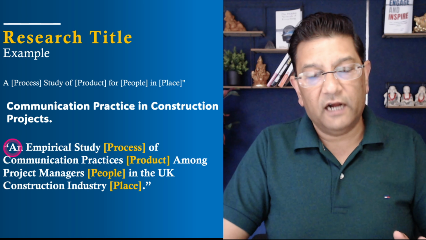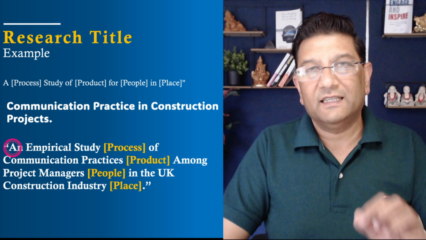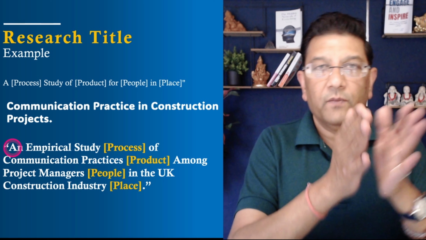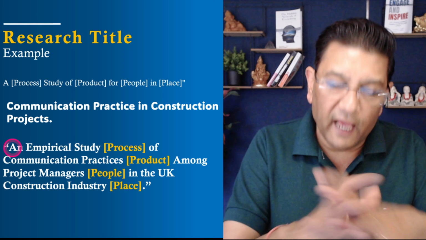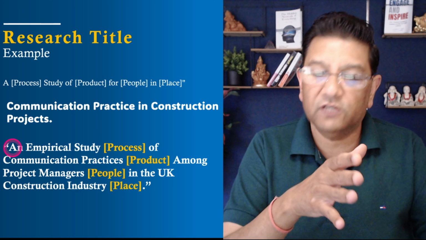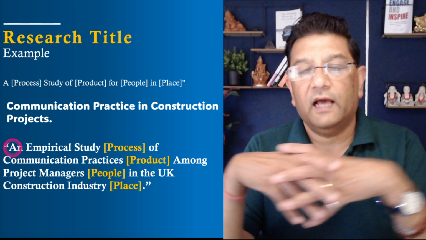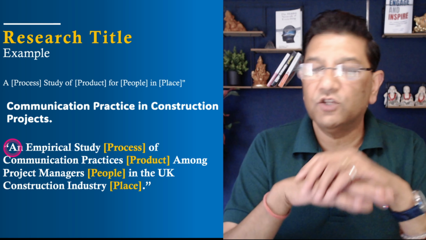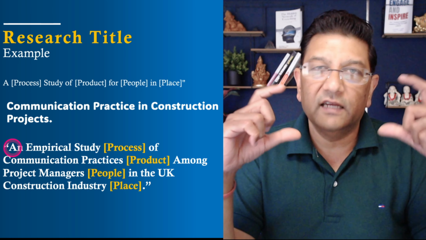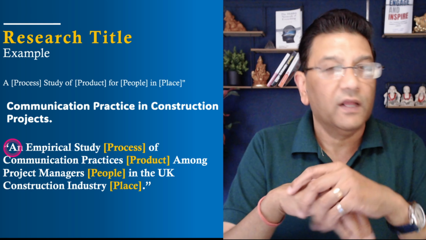It is not necessary to align them in a particular order. It could be in any order, for example, place first, then product, then people, and then process. There is no need for a fixed order, as long as the title reads well and is catchy.